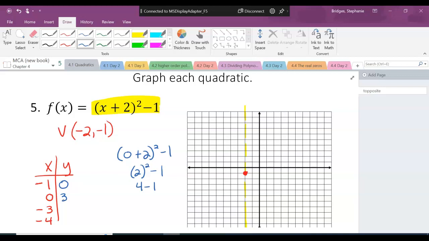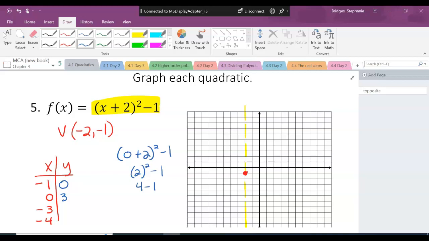And then the k value is just going to be whatever it is. So that's how we pick out our vertex, looking at those two letters. K stays the same, h changes. Then if my a value, the number in front, is bigger than 0, so if it's positive, my graph is going to open up, like a U shape. If it's negative, less than 0, then it's going to open down.